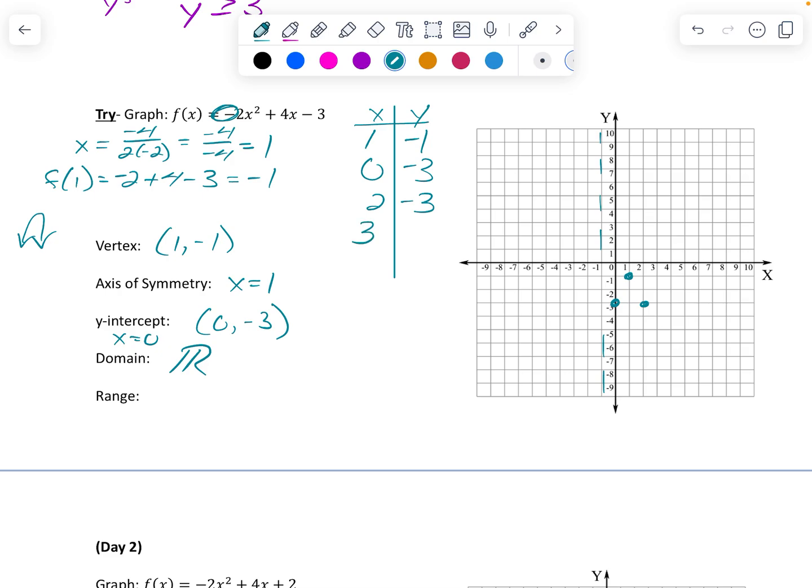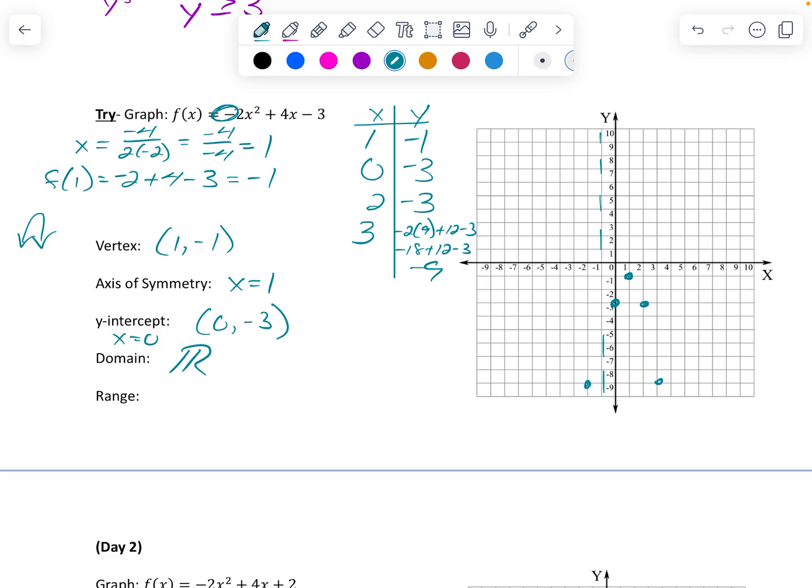So now 3, we're going to plug in 3. That's going to be -2 times 9 plus 4 times 3 is 12 minus 3. So that is -18 plus 12 minus 3, which is -9. So 3 is -9. We're still here.